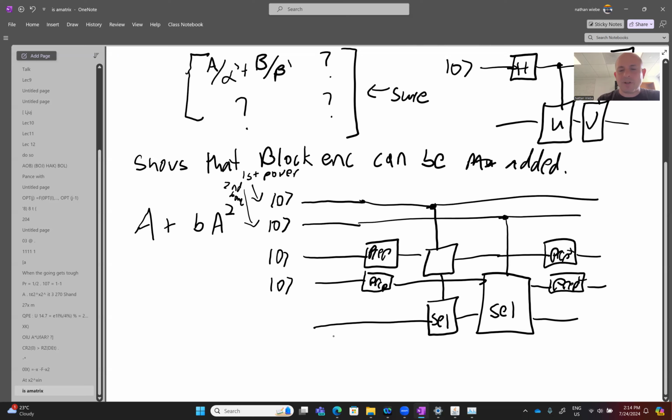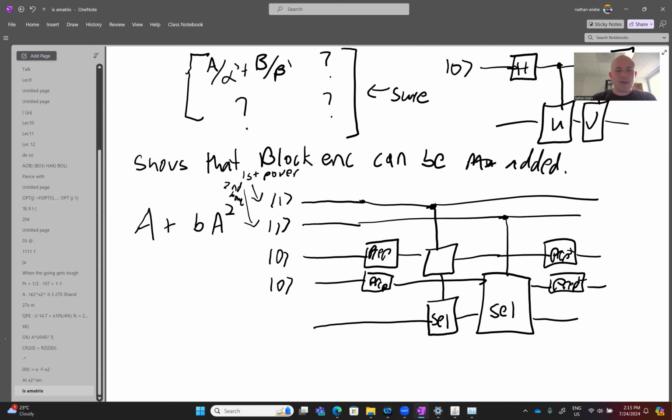Now this over here will allow me to code up whether or not I'd like to do an A squared or an A. So for example, if I wanted to do an A, then I would just put a 1 and a 0 in this. If I want to do A squared, then I'll need to apply the select circuit twice for it, and I can put two ones up at the top here.